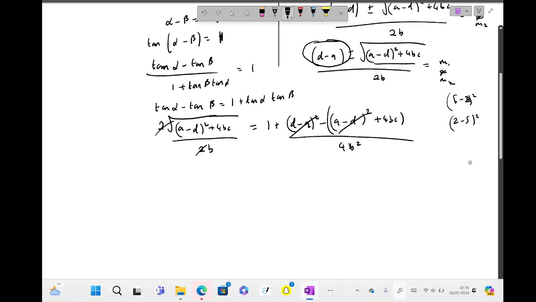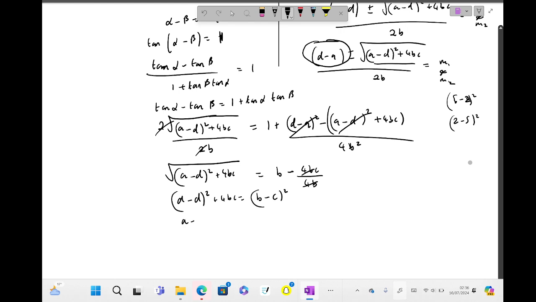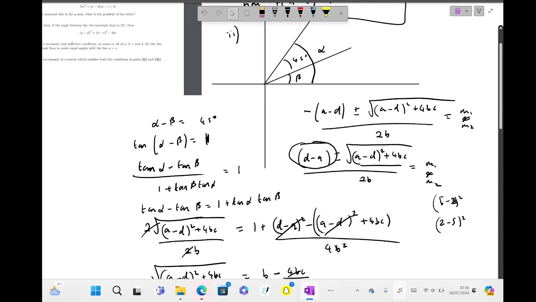Cancel out the 2s, we can bring the 2 to the right hand side, and you get... these 2 here will cancel, square both sides. Perfect. That's part 2 done.